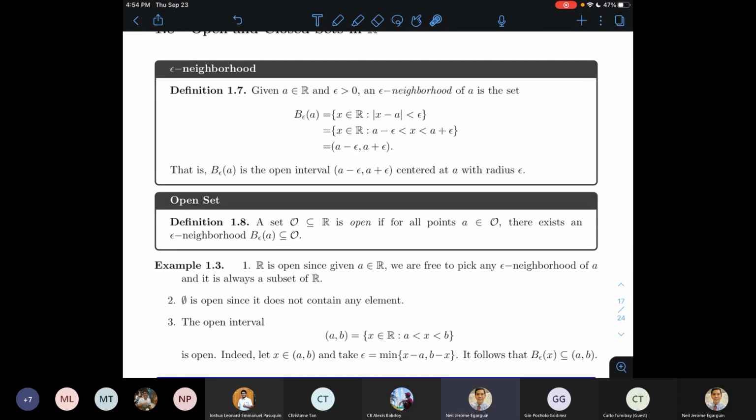So an epsilon neighborhood where epsilon is a positive number, usually in analysis again, the interesting values of epsilon are the small ones. Pag gumamit ka ng variable na epsilon, laging gusto mong gamitan siya para sa maliliit na numbers. Though mag-work din naman siya para sa malalaking numbers kasi ang condition lang naman ng epsilon ay greater than 0.